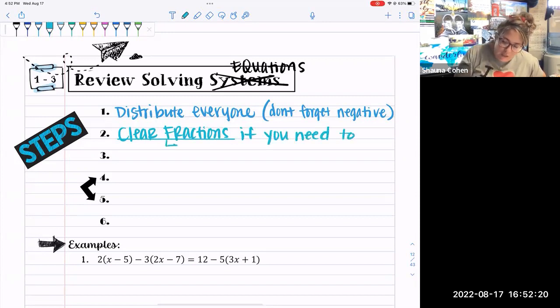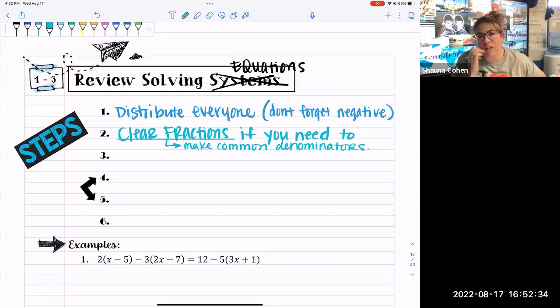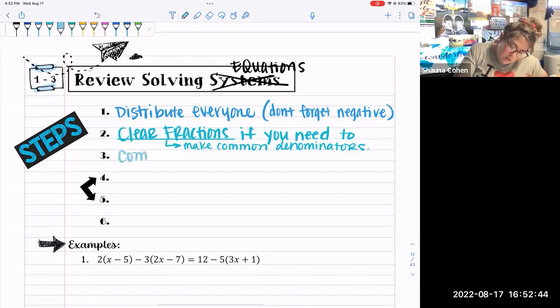But you clear the fractions by making common denominators. And I'm sure that we will do them on the board in class tomorrow because those are the ones that are confusing. Those are the ones we haven't done in a long time and the ones that we tend to forget. Then you're going to combine like terms.